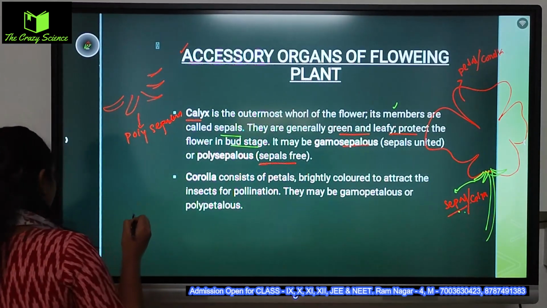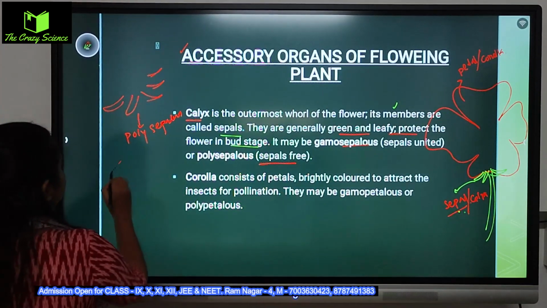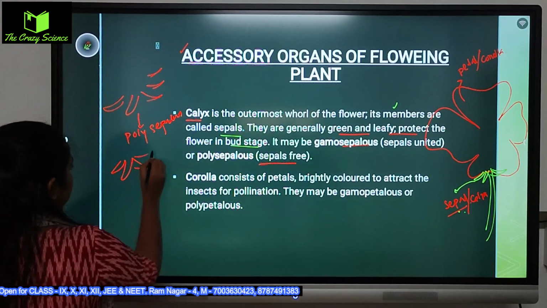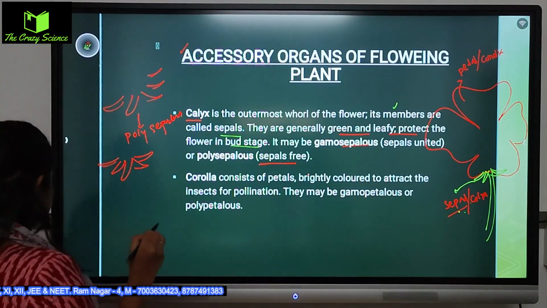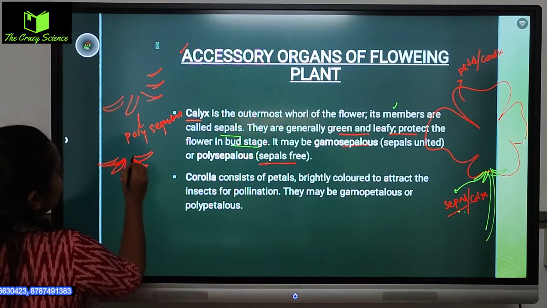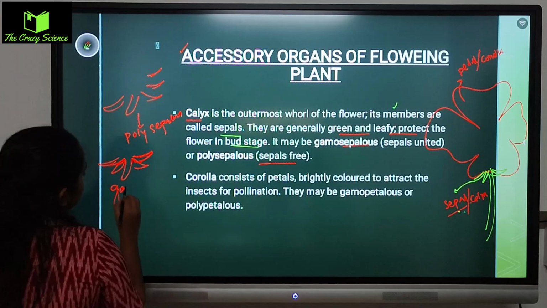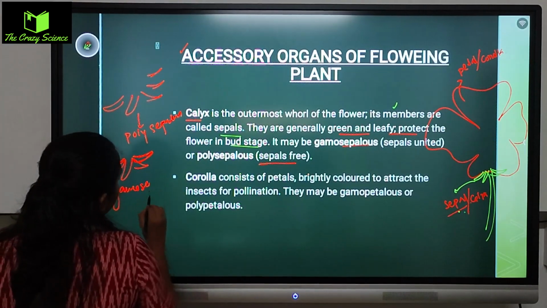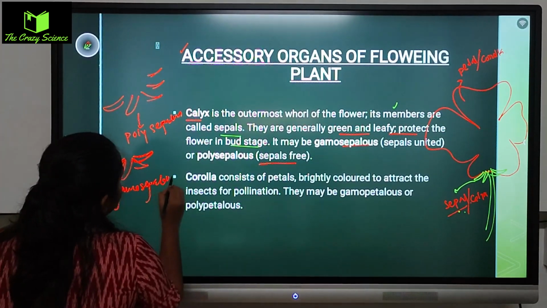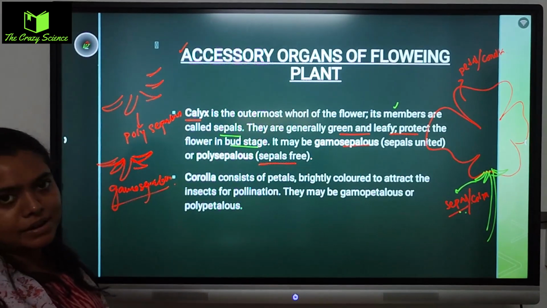If sepals are not free, if they are together, if sepals are just like this, connected to each other, not separated, these are called gamosepalous. They are called gamosepalous, means they are united to each other, they are not separated.